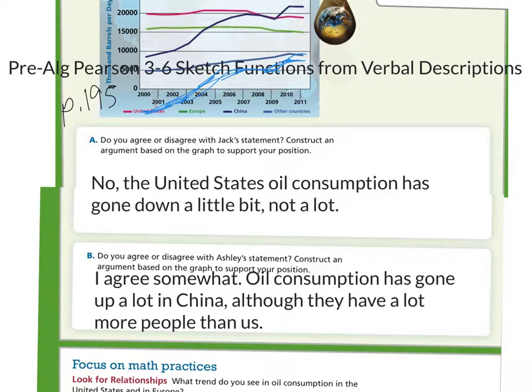Theirs has gone up a lot, but they do have a lot more people than the United States. So I think we could probably improve our situation here a little bit better as well.